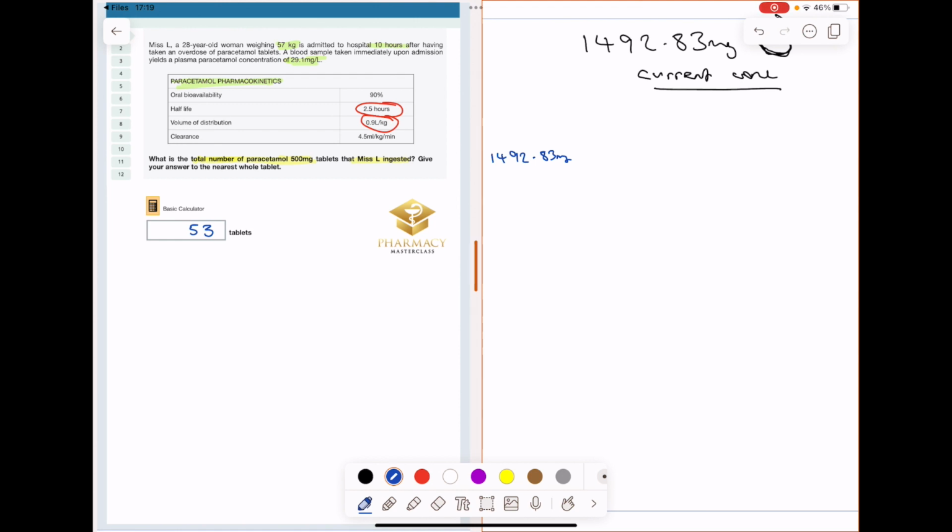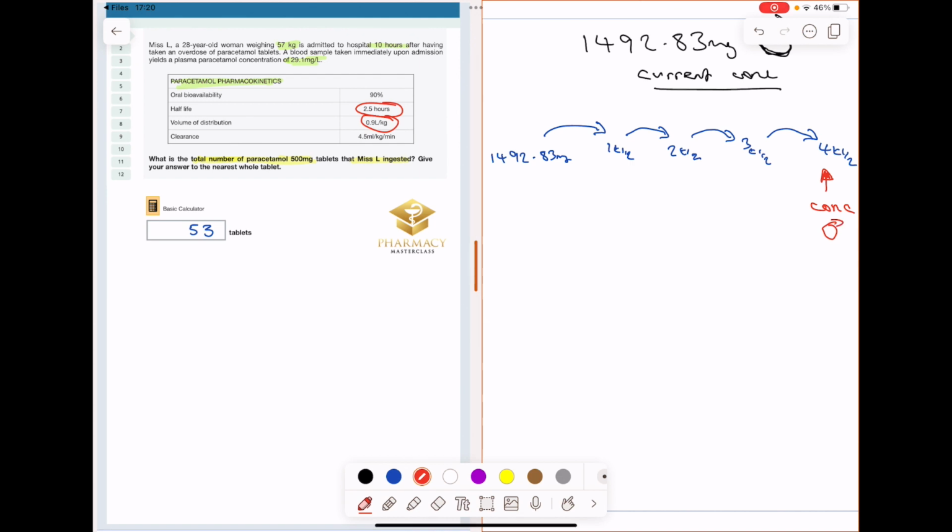If I go back up 4 half-lives, if I draw these arrows, there's 1 half-life there, and 2 half-lives there, and 3 half-lives there, and 4 half-lives there, because 4 half-lives had passed. So if I go back up 4 half-lives, I'll get the starting concentration here. I'll get what the concentration was at the start in her system.